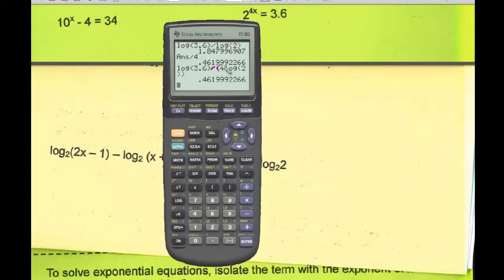They forget to put parentheses here, and they forget to close off the second set of parentheses here. And if you do not do those 3 things, you will get your answer wrong every time. So the first way, just divide the logs and then divide by that number last, will keep you from making mistakes.